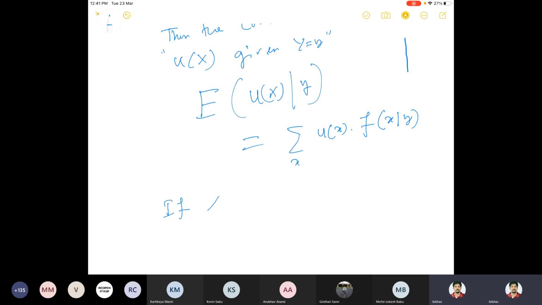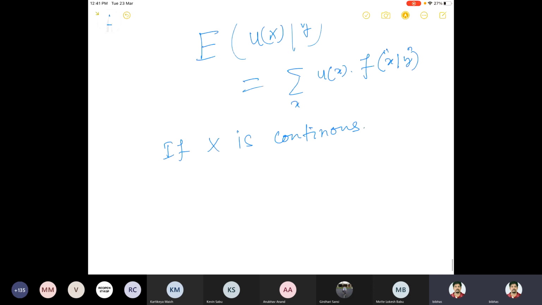And if x is continuous, this summation will be replaced by integration. This is just a standard definition, but since the random variable has changed, everywhere we will replace with x given y. So this is u(x), but since it is for given y, everywhere we will replace it with this one.